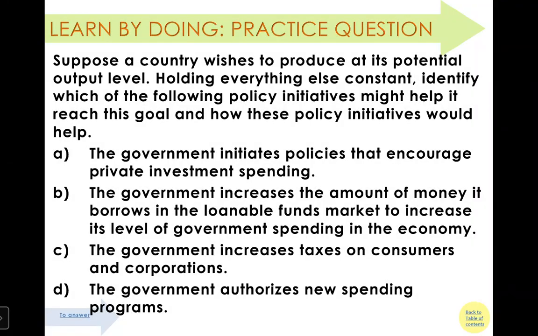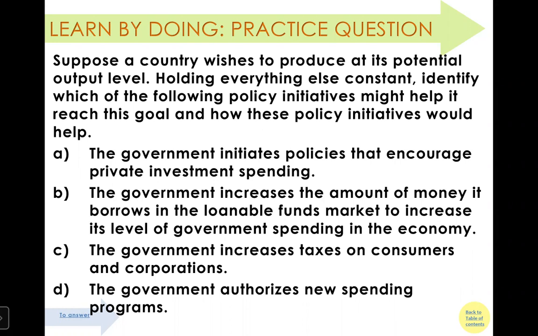Okay. So there's another question. This is not a multiple choice question. This is a case by case discussion.